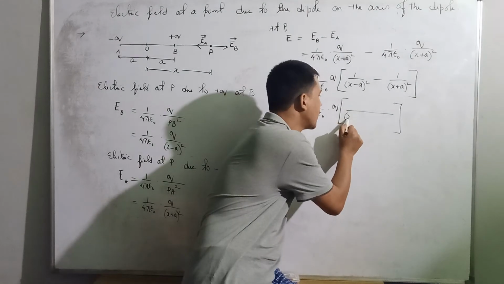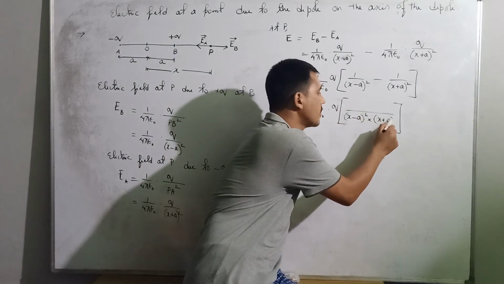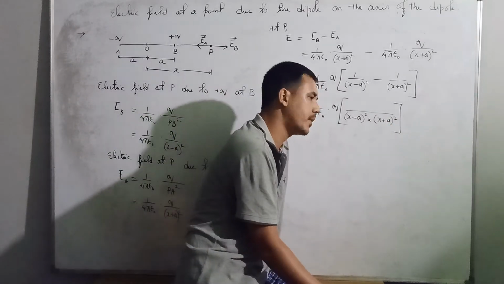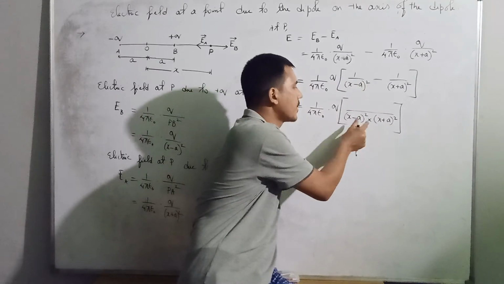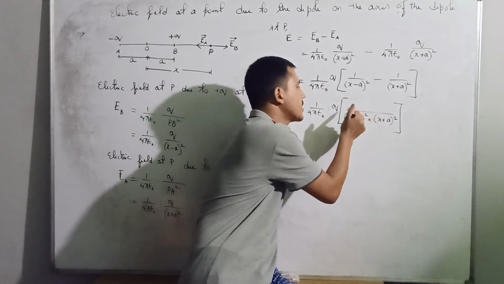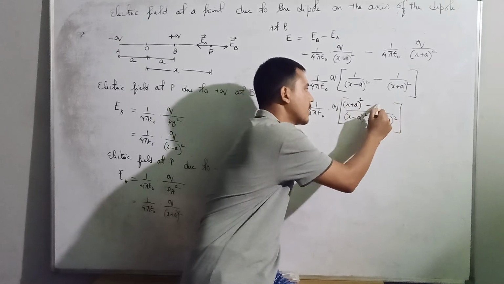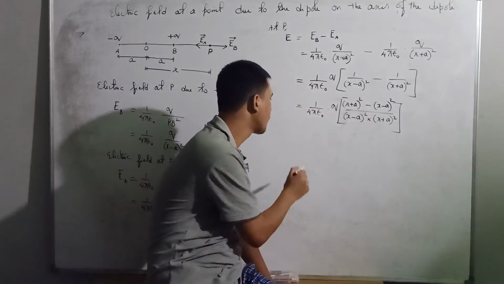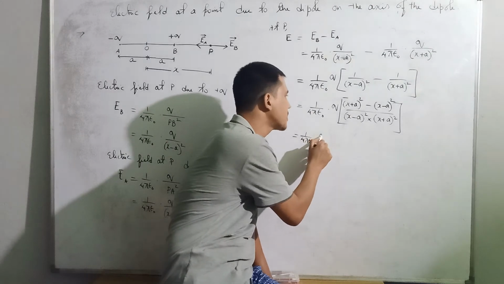X minus A whole square times X plus A whole square, the product of the denominators if there is no common factor. So we have here x plus A whole square minus x minus A whole square, times 1 by 4 pi epsilon naught times Q.